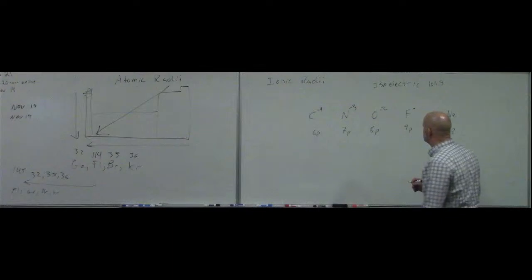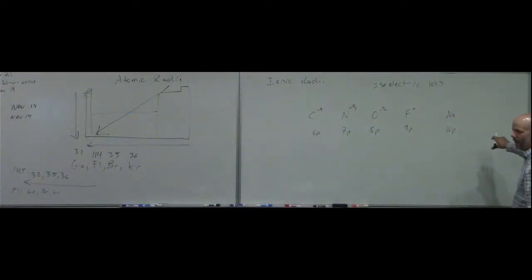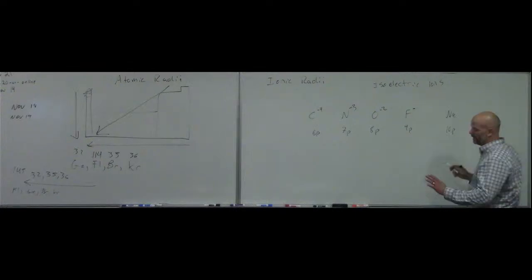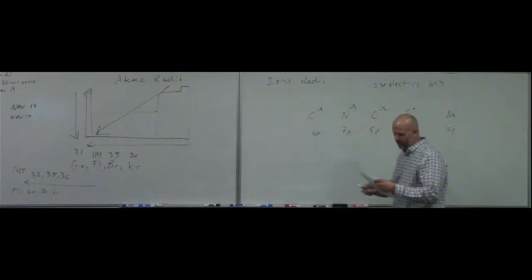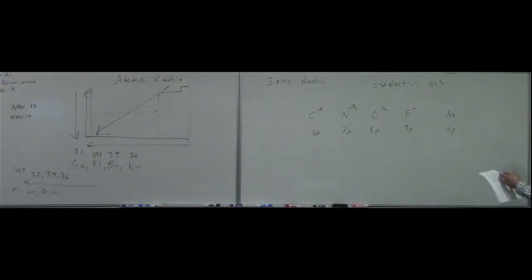So the question is, which of these ions is going to be the largest? We can go further, but I don't want to go too far. So these guys are isoelectronic.